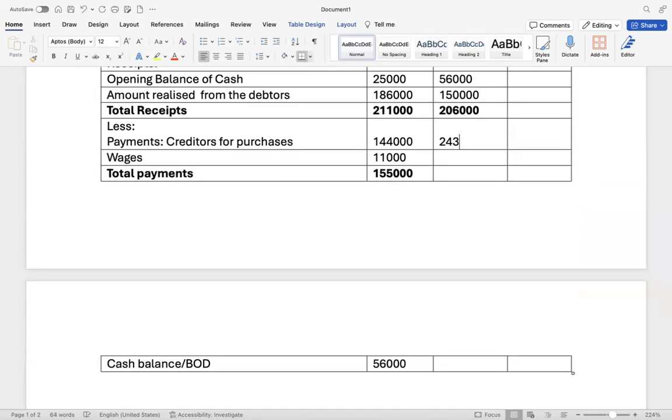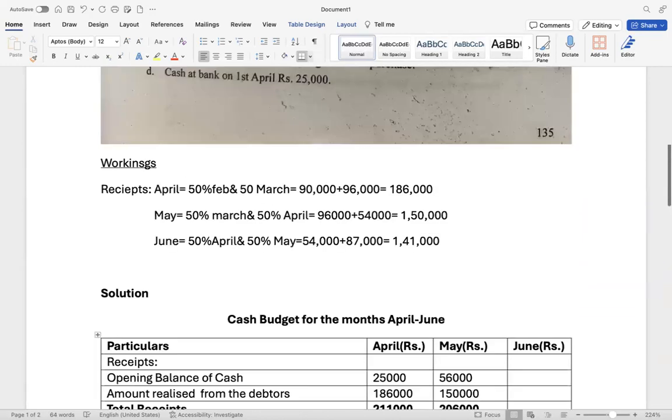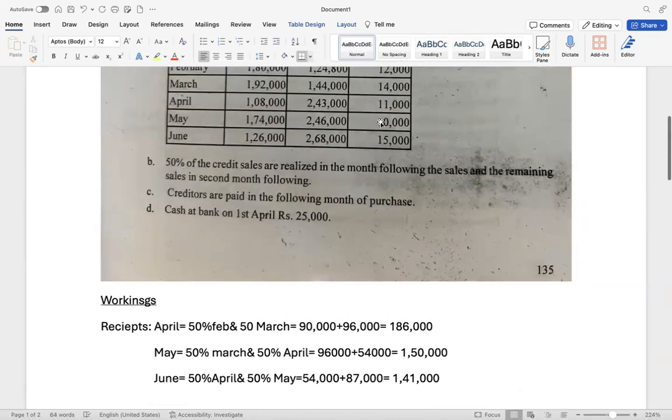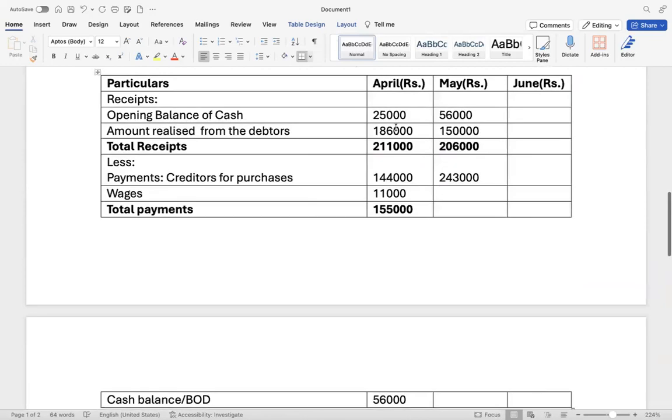2,43,000. Then wages. Wages as it is, you will take. What is the amount of wages? It is 10,000 in the month of May.